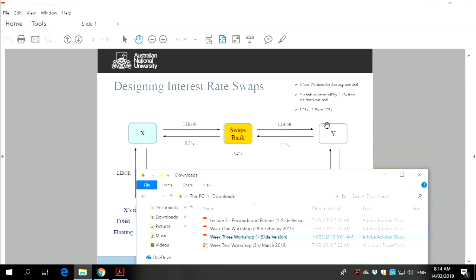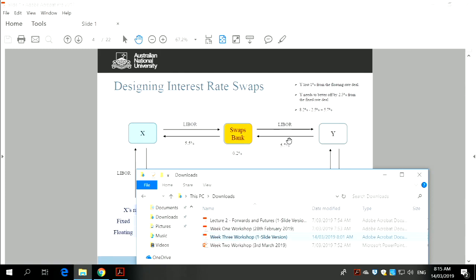And because what company Y really wants is floating rate of return, right? So we say, okay, if that's the case, then company X can pay the floating rate of return directly to Y. So company X pays the bank LIBOR, then the bank doesn't take any cut. Bank is simply passing the LIBOR to Y. Remember what I mentioned yesterday, when we're designing the swap, we keep the floating rate paid all the way across, and we're going to manipulate the fixed rate.